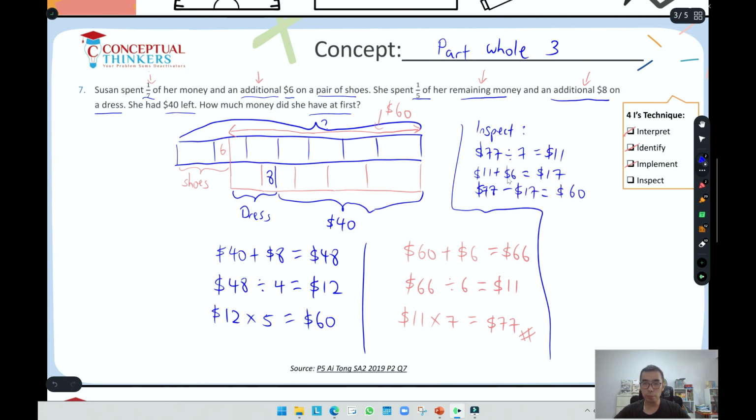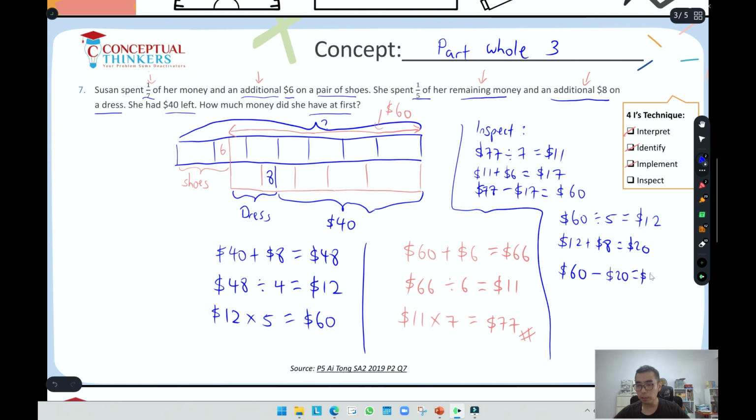So this will represent the remaining model. Then I will take 60 divided by 5, because the denominator here is 5, right? So again, I'll get 12. So I will take $12 plus $8. I'll get 20. Then I'll take $60, which is the total of the remainder, minus away $20.